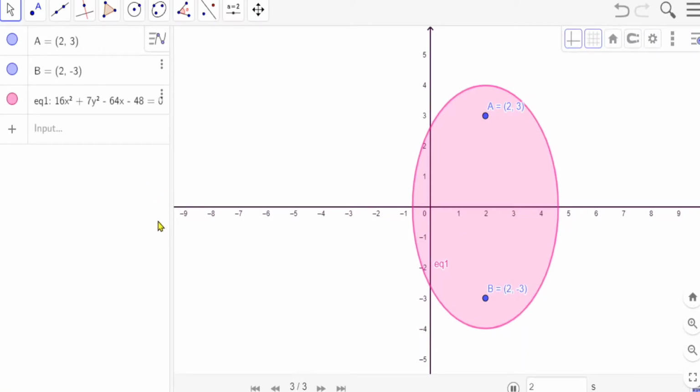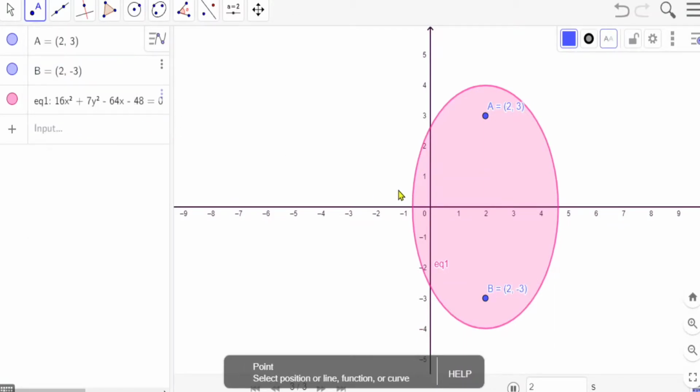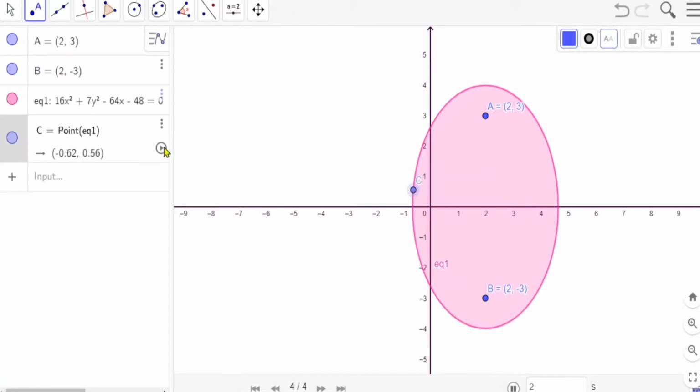Now I will take a point on this ellipse, because this ellipse satisfies one condition. Okay, consider the point P is here. I am giving the name P. Now what do we require? AP plus BP is equal to 8. That should be satisfied. Yes or no?